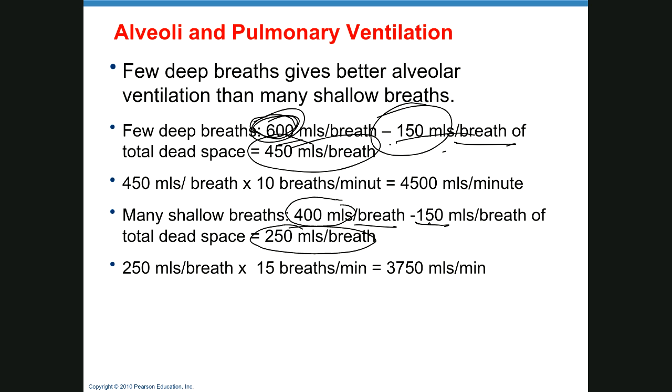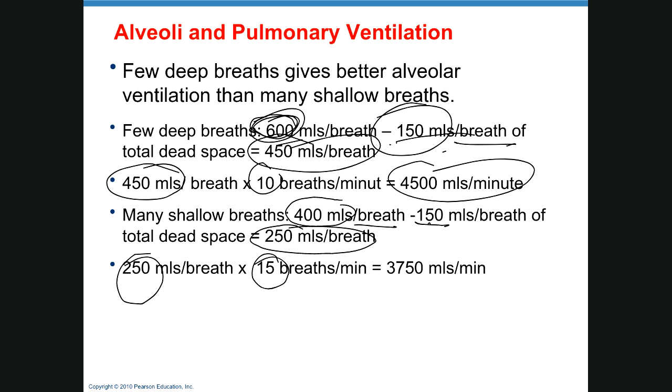You can breathe 15 breaths per minute, but you're only bringing in 250. Whereas you can reduce the breathing rate to 10 breaths per minute, and if the breaths are deeper, then you're bringing in more air, then you're bringing in 4,500 mils per minute versus 3,750 mils per minute.